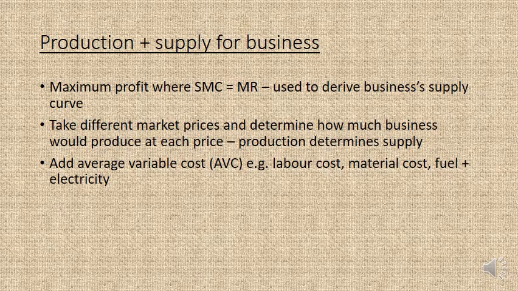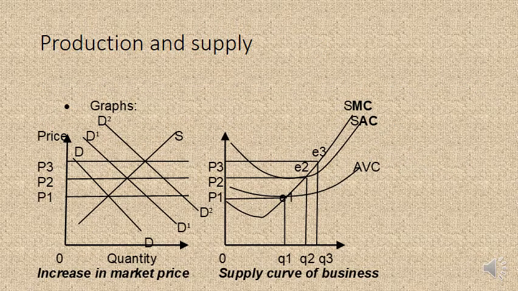What we have to look at when determining our supply curve is the average variable costs. So your supply curve essentially is going to be your marginal cost curve above where the firm is able to cover their variable costs.